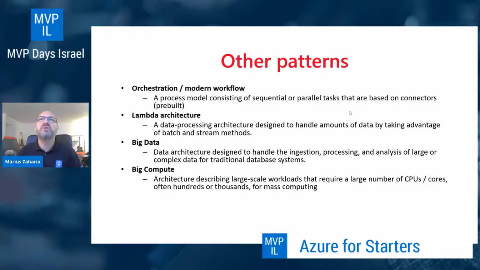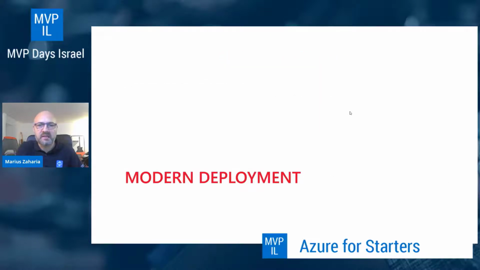Big data has been in the picture for a long time, but is coming much stronger these days, because we have much more data to handle. So big data is necessary. Also big compute, with an immense number of CPU cores and so on. So these are some of the patterns in the application architecture field I wanted to talk about.